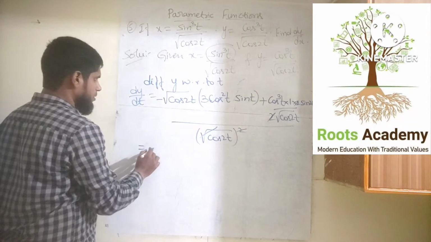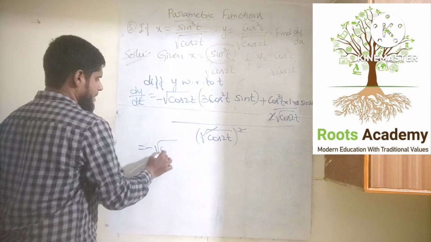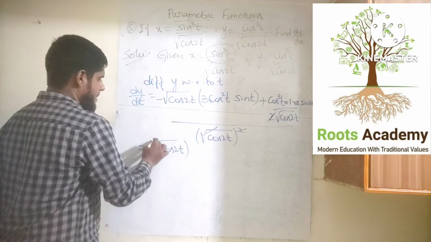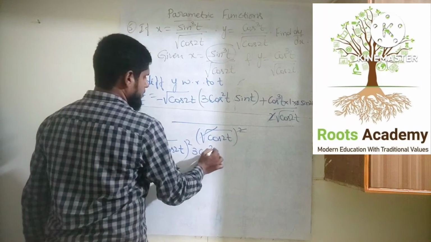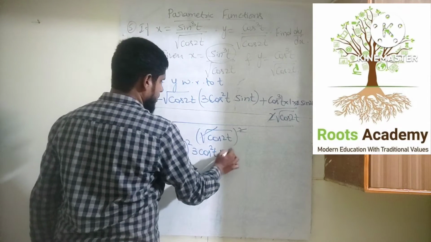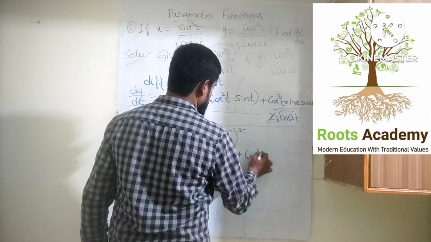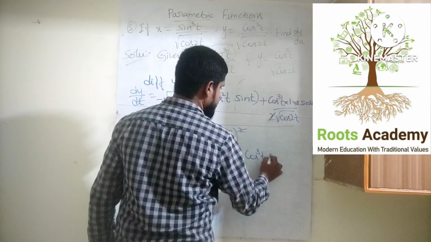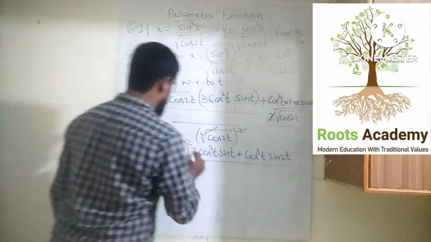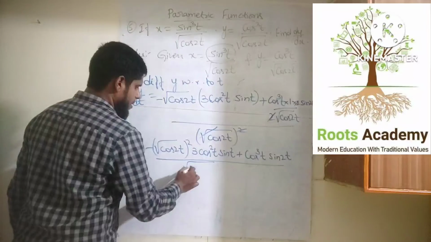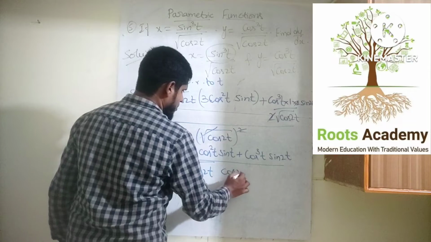I will get minus, whole square, 3 cos square t sin t plus cos cube t into sin 2t, divided by root of cos 2t into cos 2t.